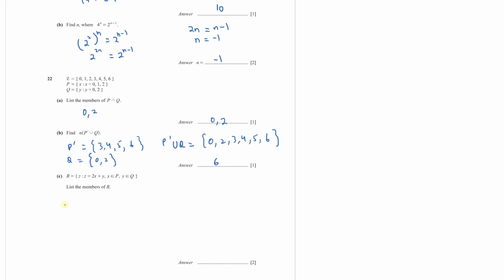So let's write 0, 1, 2. This is set P. And then let's write the elements of set Q here. What are set Q? 0 and 2.